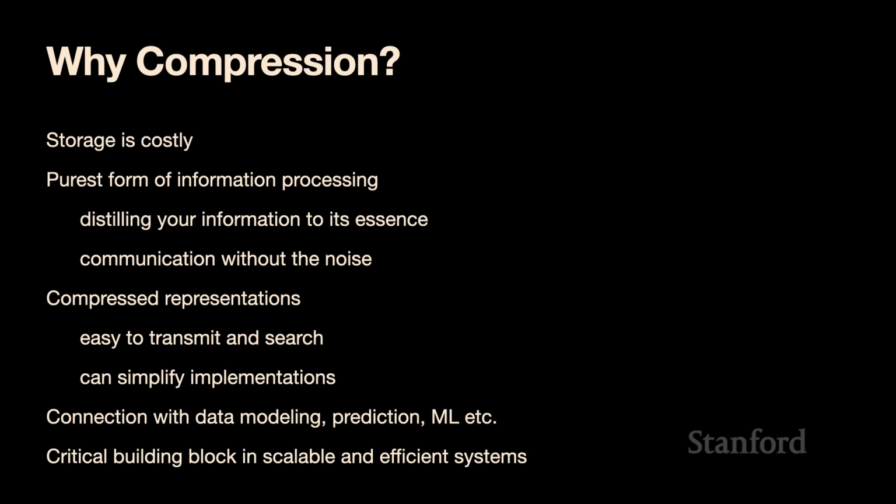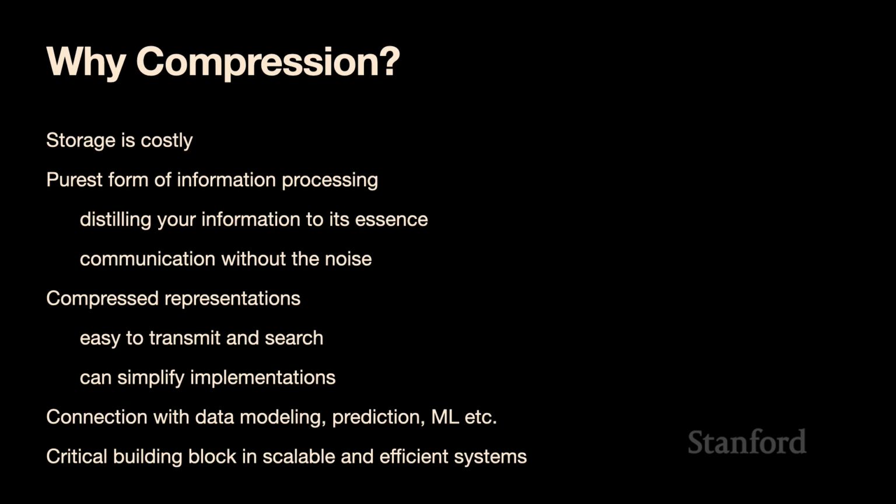And like we have been saying, why do we care about compression? I'll go through this slide fast because I did show you some examples of why you might care about compression, but the basic points have remained the same. Storage is costly, and we are generating exponentially more exabytes of data, right? More so, it is really the purest form of information processing. Compression is intricately related to signal denoising in a way.